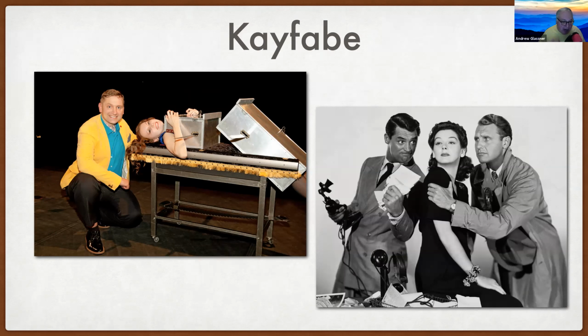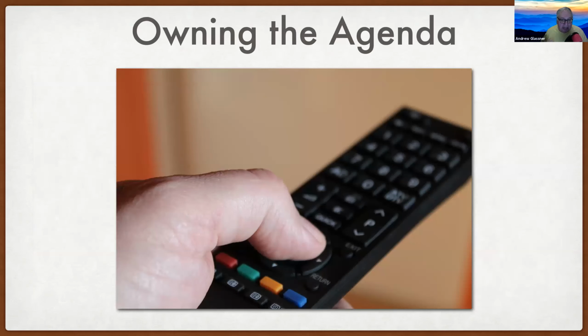So, okay, if we have this stuff coming into our brains that we can't tell from reality, then the key question we have to ask is, who is choosing what gets into us? Who owns the agenda? And there's always an agenda. Something is doing the choosing, whether it's a person or an algorithm. The algorithm was written by a person or a group of people.